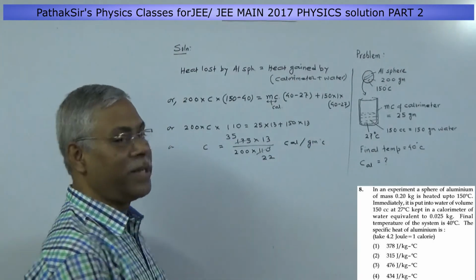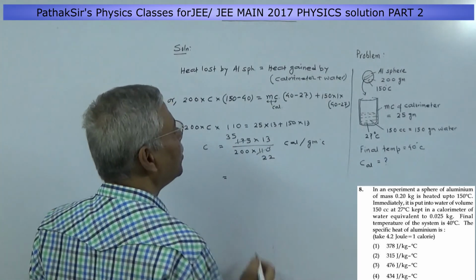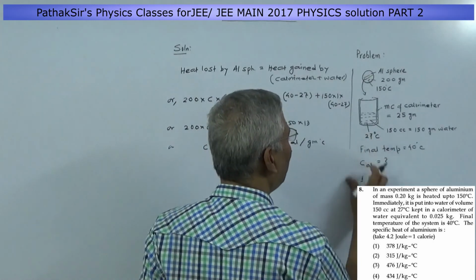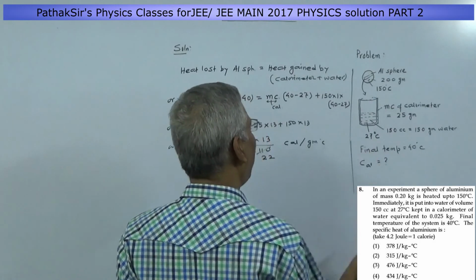We now convert it into joule per kg degree centigrade. It is given 1 calorie equal to 4.2 joule.